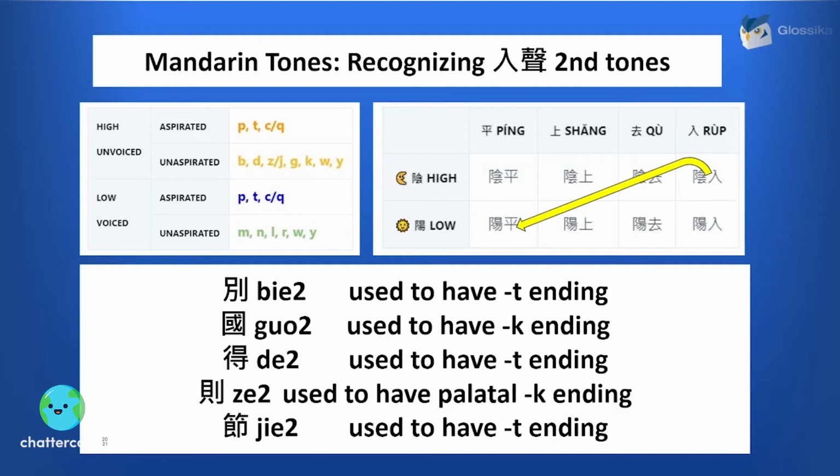It means that they have migrated over from what was originally a high tone with an occlusive ending or a PGK ending. That word bie used to be pronounced as bie, and guo as guo, and de as de, and ze as ze, and jie as jie. Okay, so that will also help you recognize these words in other Chinese languages.